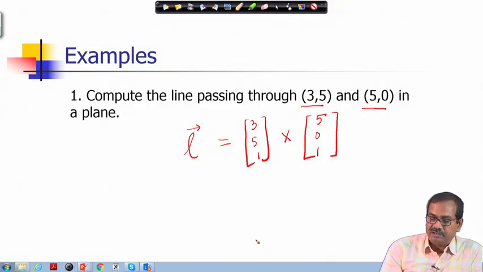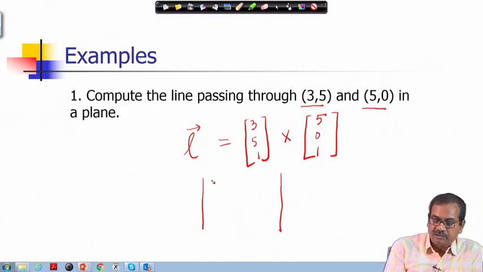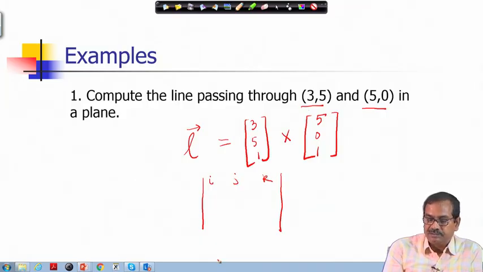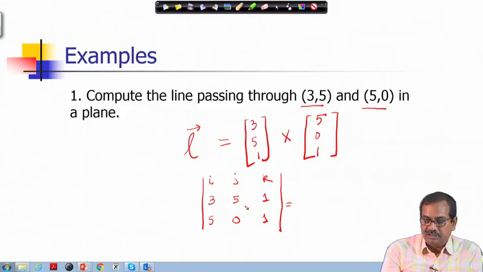So, if I expand this, let me do this sum. As I wrote earlier, we have these components, and these are the unit vector directions, as you know. If I expand this determinant, I need to consider the subdeterminant for i, which means 5 minus 0 into i.